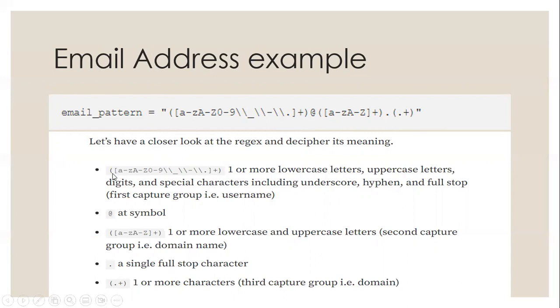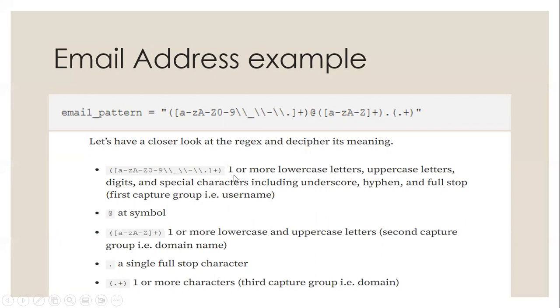Now here this big pattern is broken down into small pieces and explained. We can see A to Z and 0 to 9 and the underscore, hyphen and dot characters. It should occur at least one time. One or more lowercase letters, uppercase letters, digits, and special characters, including underscore, hyphen, and full stop.